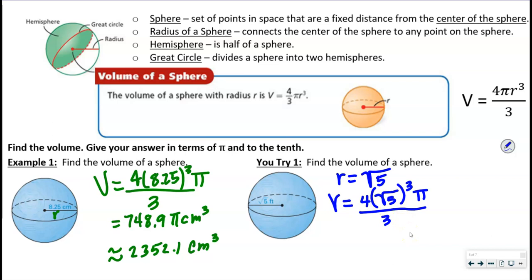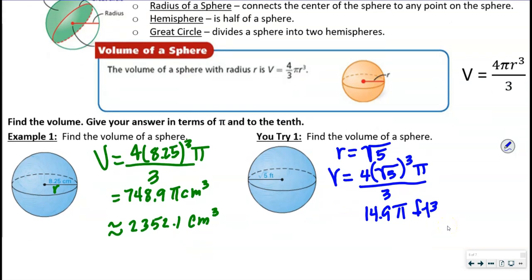And when you do that, I got 14.9 pi, and again, this is feet cubed, right? And then when we multiply that by pi, that's our equal, that's exact, right? Then we're going to estimate it by multiplying it by pi, and that's going to be 46.8 feet cubed, okay?